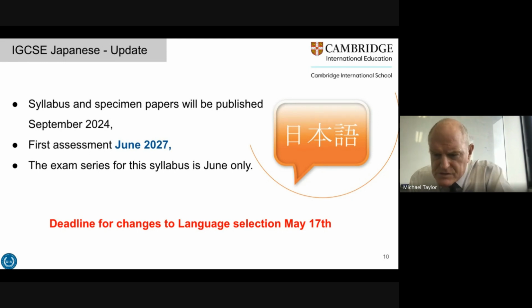Do students who are taking Kokugo class take an exam of Japanese for ICE? No, they do not. The IGCSE exam in languages is Japanese as a foreign language. It is not Japanese as a second language, which is what Kokugo is.